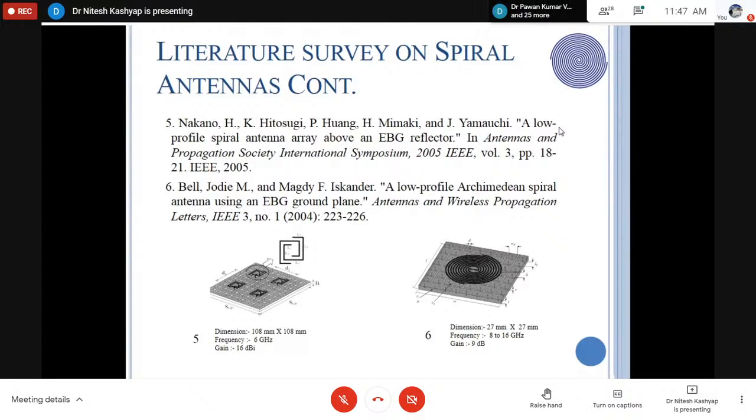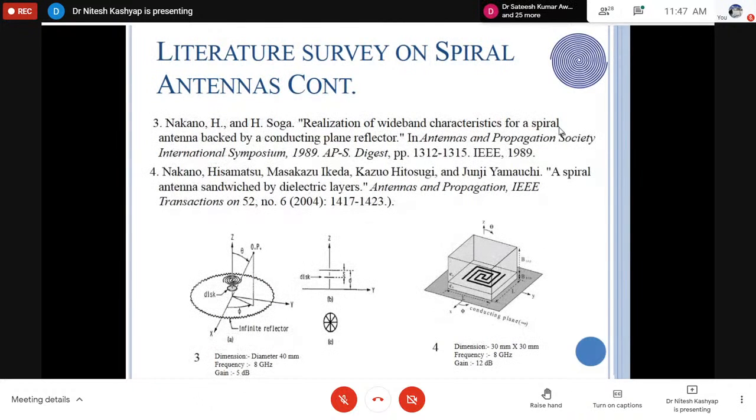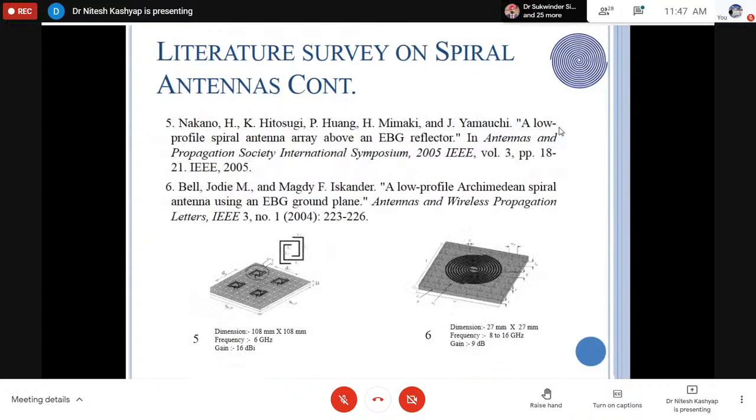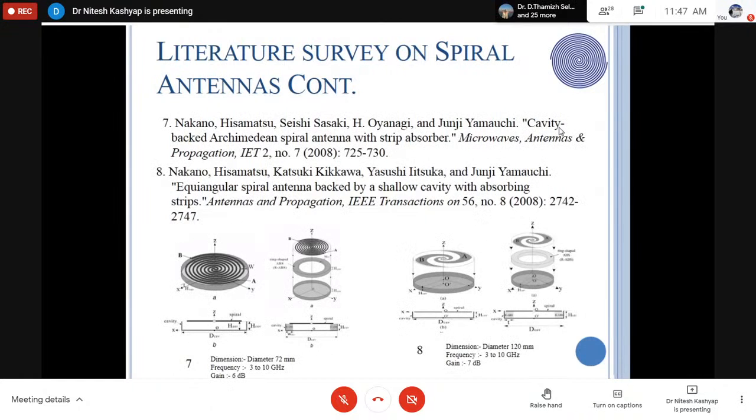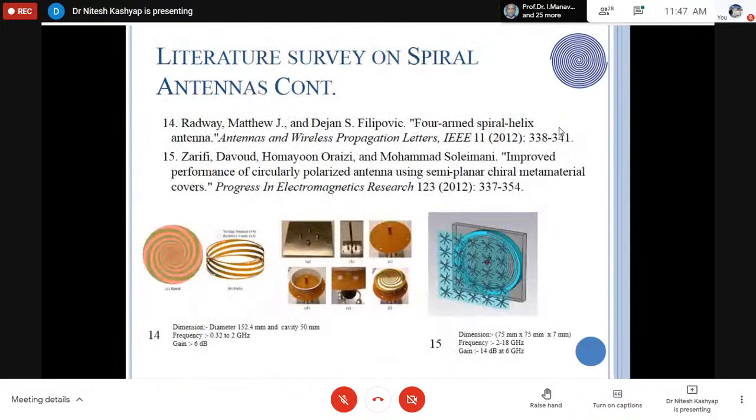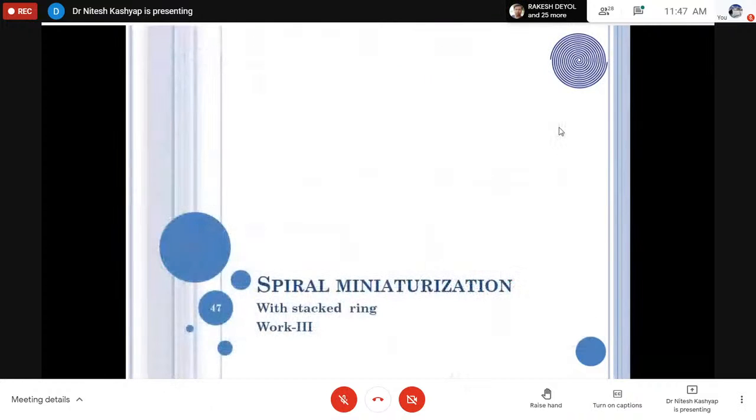So see, there is a dielectric plate over the spiral antenna, and here we have used ABG structures, and here we have an absorber or cavity to improve the performance of the antenna, and there are several other techniques to improve the performance of the spiral antenna.